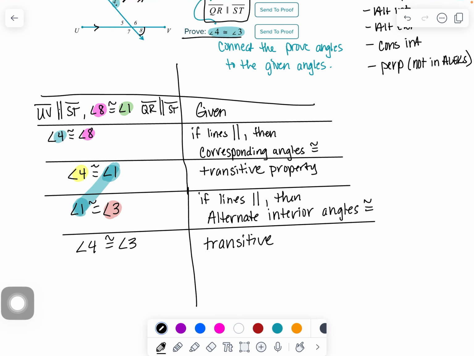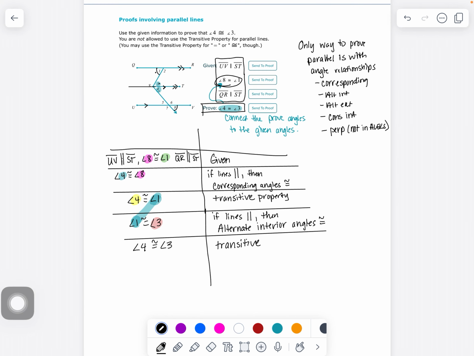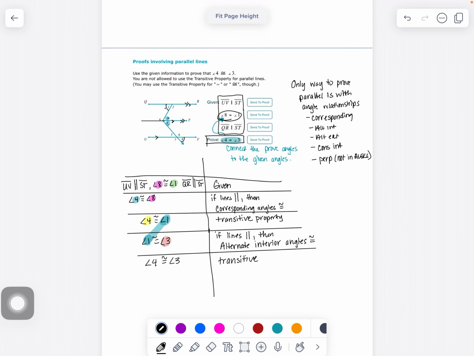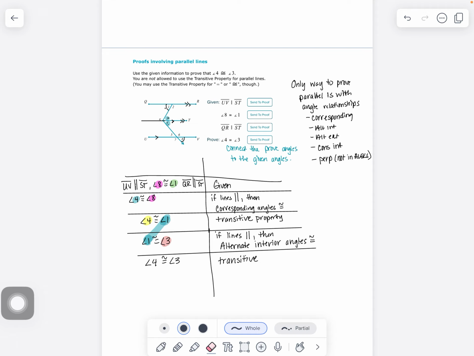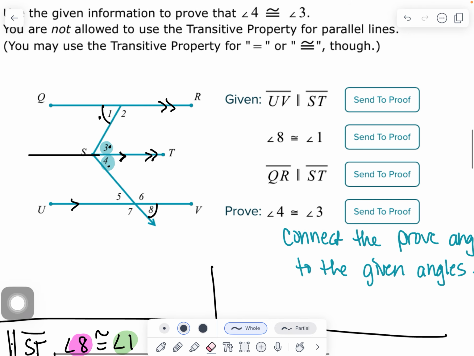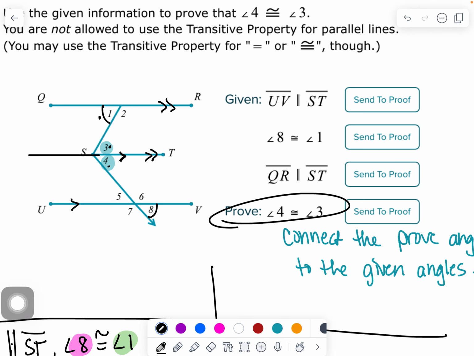And I have now proven that angle 4 is congruent to angle 3. So that would be my whole proof that I would type in. It takes a little bit more thinking. You have to work your way through it. But when I start, I make my plan before I get going, and I try and connect my proof to the angles that they've already got going.